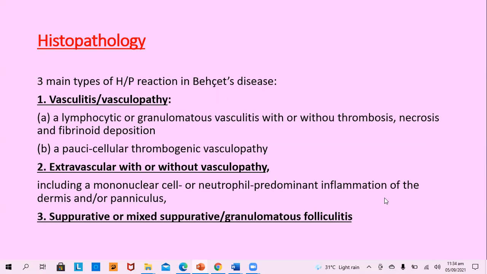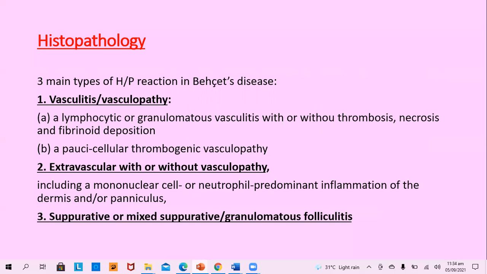Histopathology. There are three main types of histopathological reactions in Behçet's disease. The first is vasculitis or vasculopathy: a lymphocytic or granulomatous vasculitis with or without thrombosis, necrosis, and fibrinoid deposits.